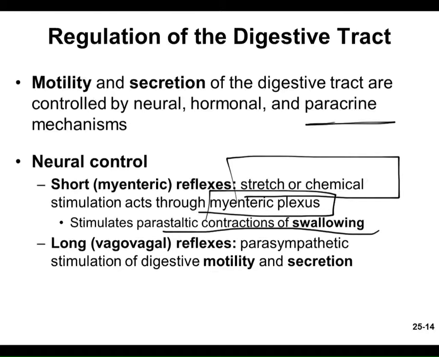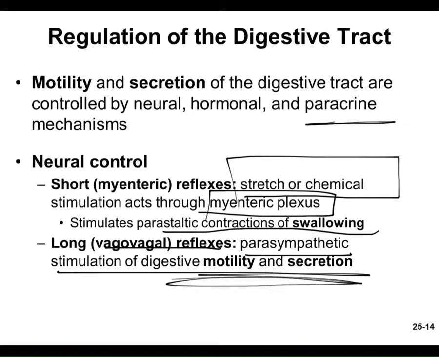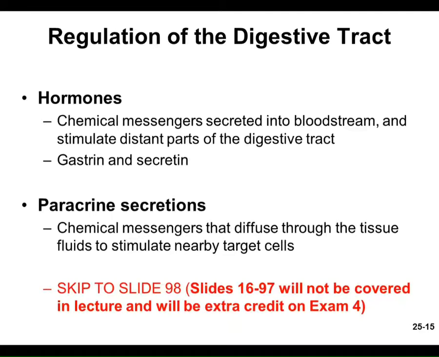And then there's the vagovagal reflex, or the long reflexes, and this is parasympathetic, and it's going to stimulate the motility and secretion of the rest of the digestive tract. So short reflex, swallowing; long reflex, thinking about going through the longer portion of the digestive system.